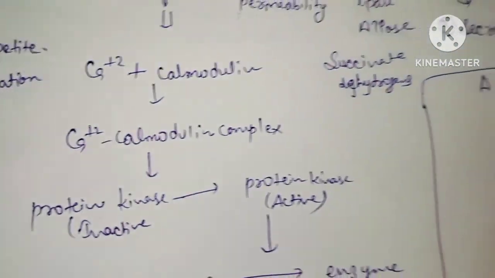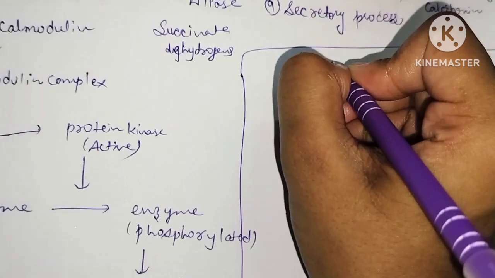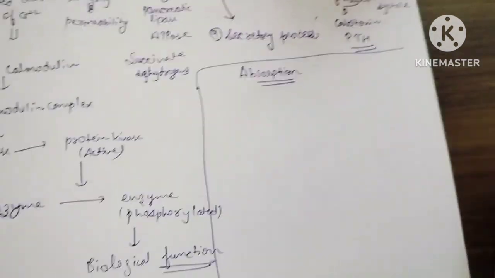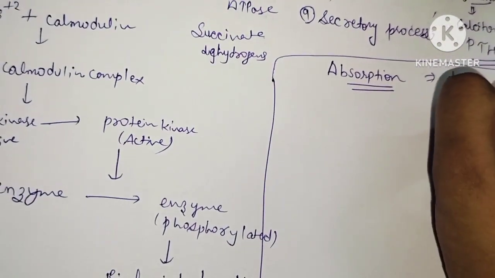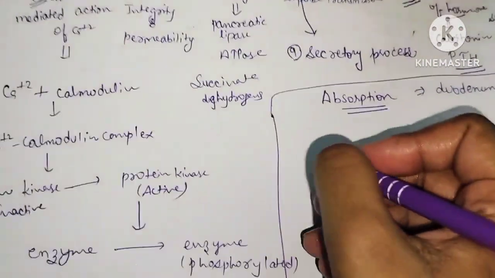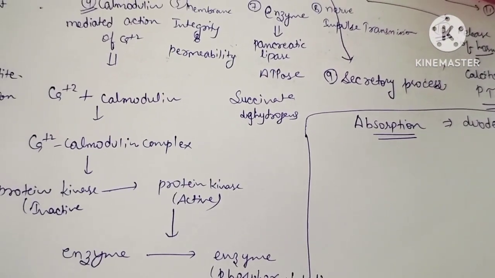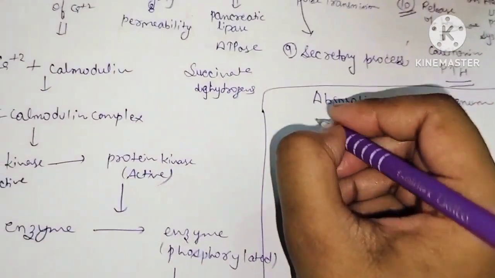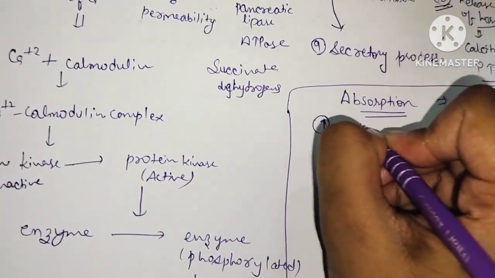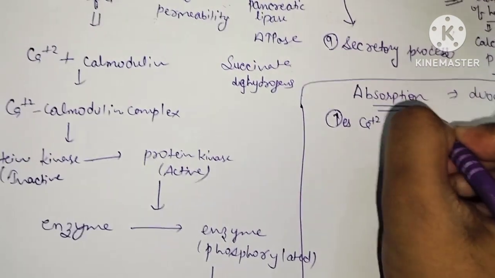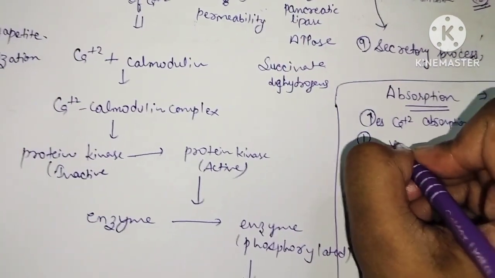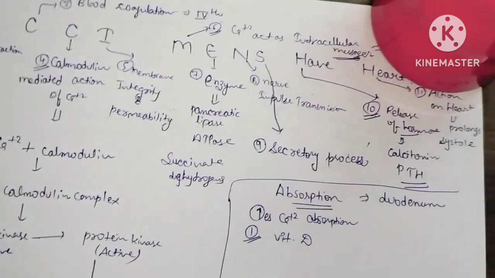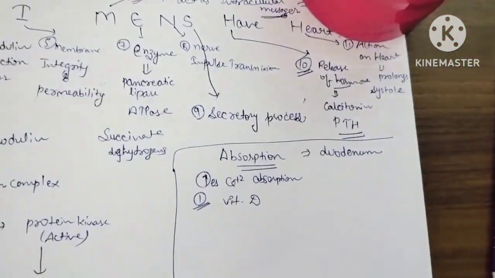Now discuss the absorption of calcium. Calcium is mainly absorbed in the duodenum by an active process which is energy dependent. There are several factors which increase calcium absorption and which decrease calcium absorption. The factors which increase calcium absorption. First is vitamin D. Vitamin D, through its active form calcitriol, increases the calcium absorption.